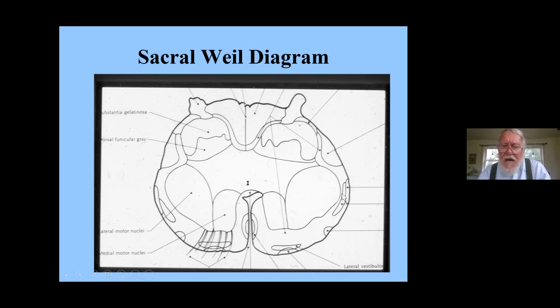Then what we have is the lateral spinothalamic tract, here and here. Notice that the lateral corticospinal tract is lateral to the dorsal horn, and the lateral spinothalamic tract is lateral to the ventral horn.